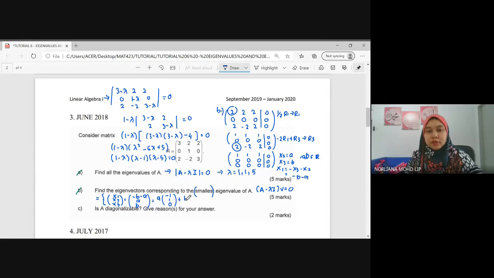Plus, we factorize B. So we have negative 1, 0, 1. Where A, B is any real number.